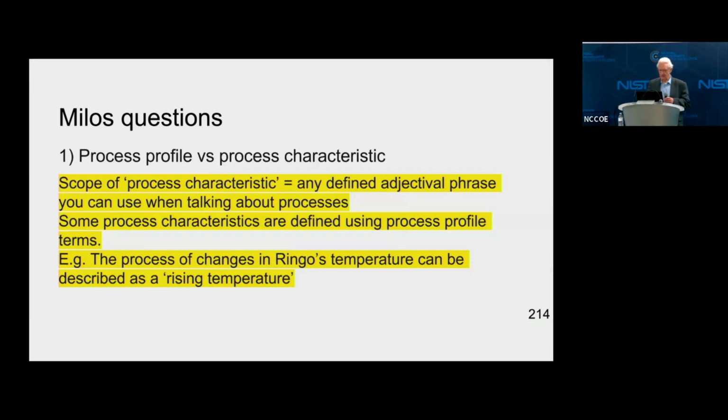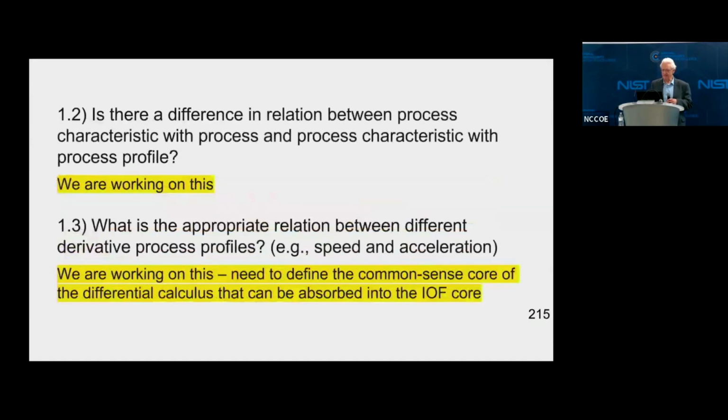And then a process profile is a change within a process along a certain axis, for instance, temperature or color or whatever it might be. And then with the relation between process characteristics and processes and processes and process profiles themselves, we're working on it, and you can see I think we're making some progress, but it's difficult territory.